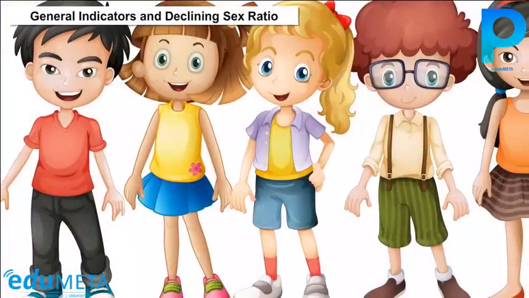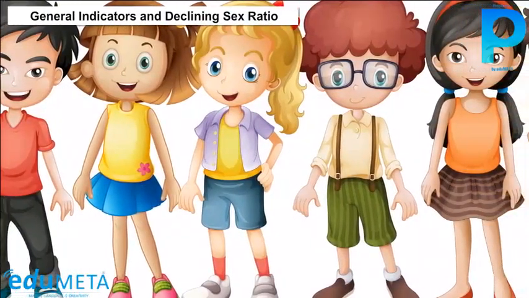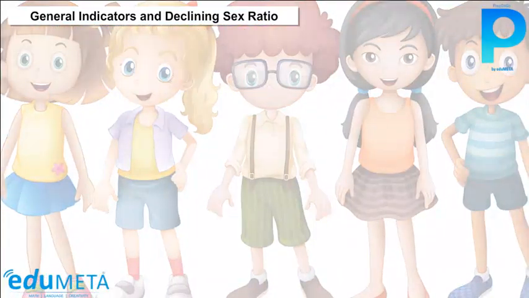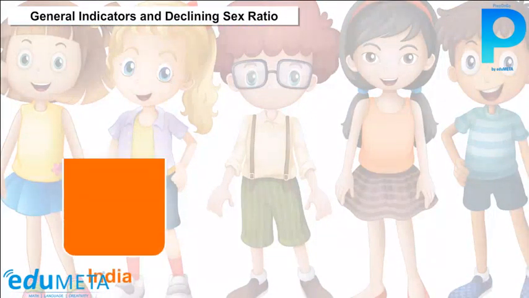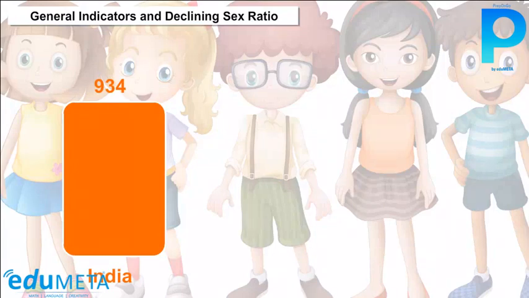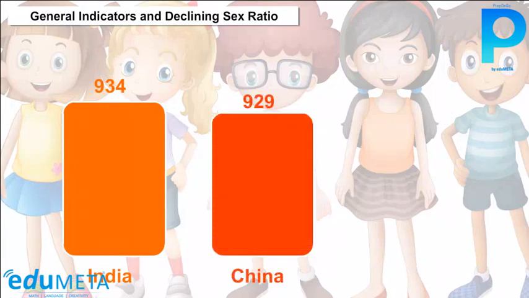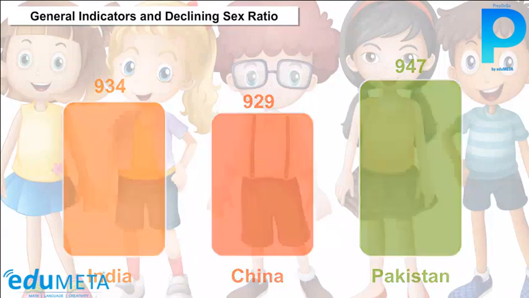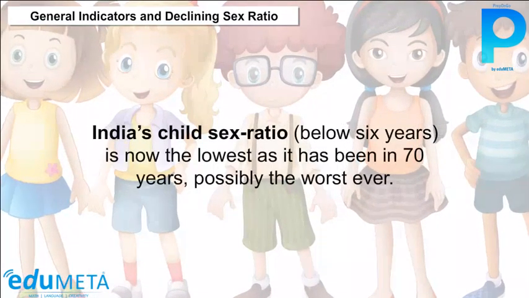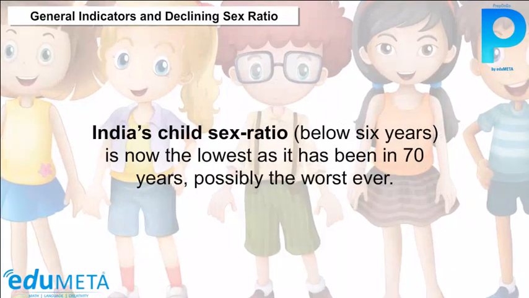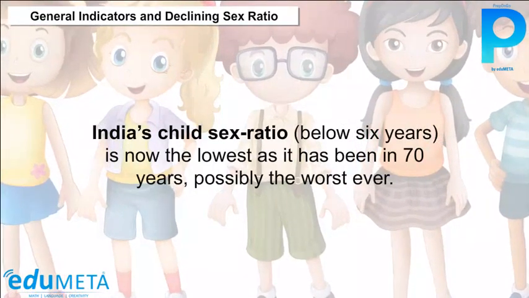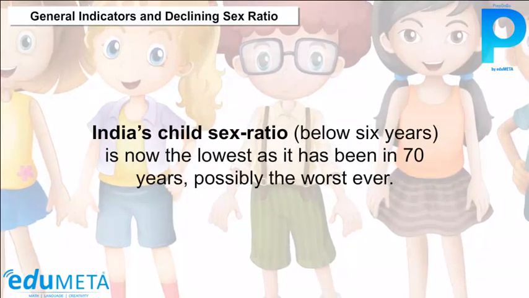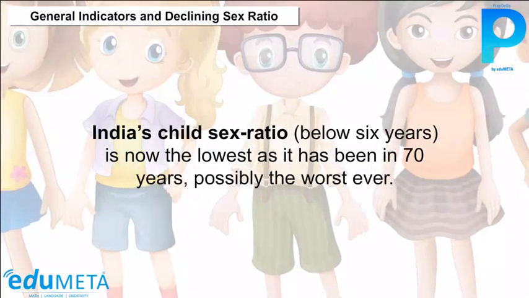General indicators and declining sex ratio. All of these three countries have a declining sex ratio, which is 934 in India, 929 in China, and 947 in Pakistan. India's child sex ratio, that is, below 6 years, is now the lowest it has been in 70 years, possibly the worst ever.